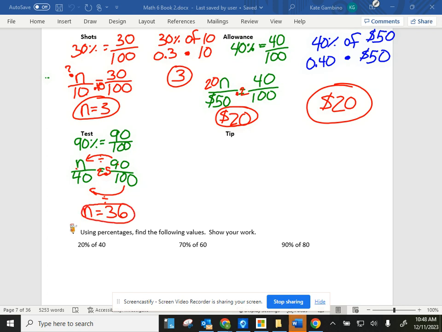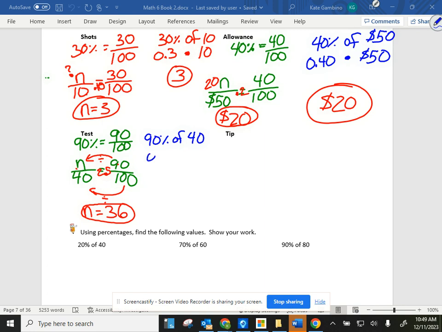If we want to do the decimal way, remember we had 90% of 40. How do I change that into decimals? 90%. What decimal is 90%, Ava? 0.9.